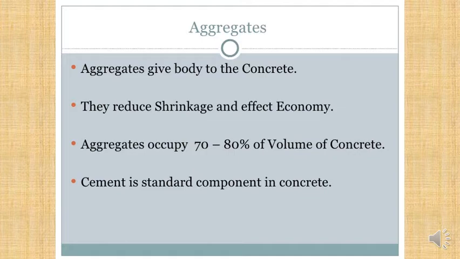So if you have a higher proportion of aggregate, it's not going to shrink as much. It also affects the economy. The more aggregate you have, the cheaper the concrete will be. If you're making a concrete out of cement, water, and aggregate, what do you think is the most expensive component by volume? Well, it's the cement, isn't it? And so if you have more aggregate, you'll need less cement.